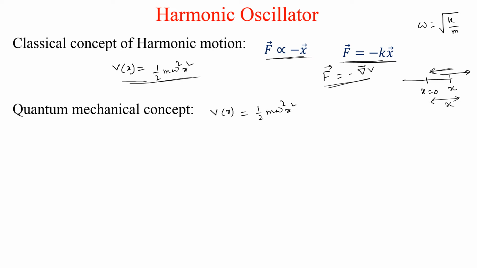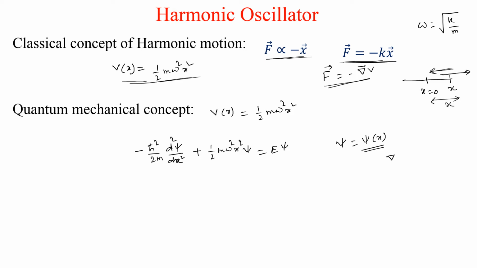So let's write down the Schrodinger's equation for the particle in harmonic oscillation. The Schrodinger's equation can be written as minus h bar square by 2m d2 psi dx square plus, putting the value of V(x) equals half m omega square x square, psi equals E psi, where psi is a function of only x, and I am considering here only the one dimensional case.